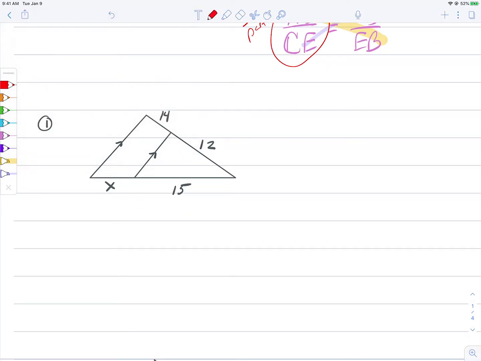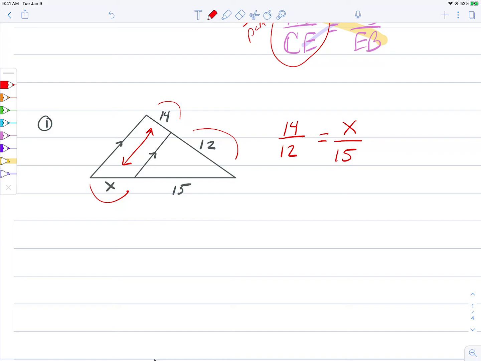Okay, so let's use this one. We have this lovely triangle and we have these two parallel sides. So I'm trying to find the missing side, and I'm going to make a ratio of 14 over 12. So I'm choosing to use ratios of the same side, equals, now my other one has to start with x. If I started with 14, my other ratio has to start with x, and over 15.